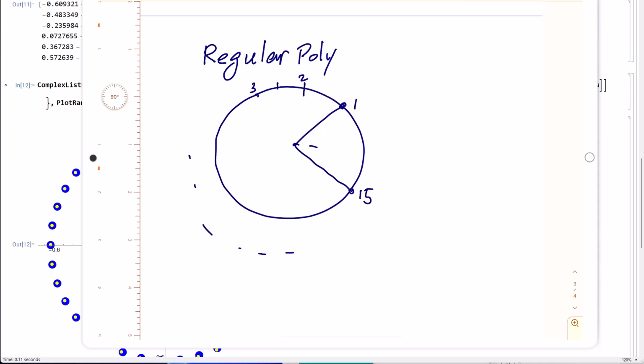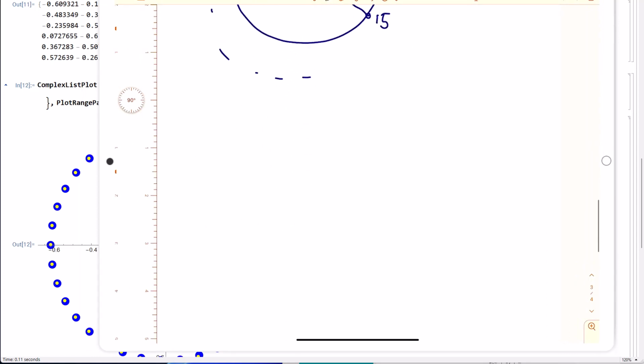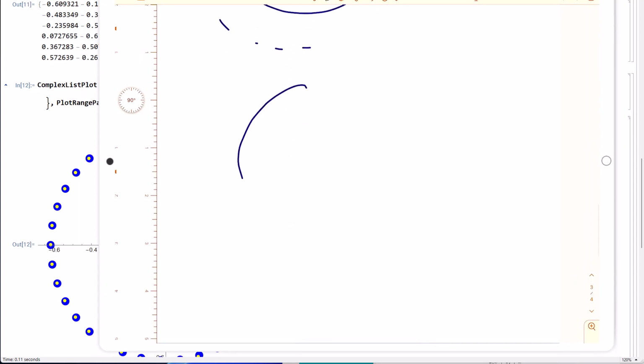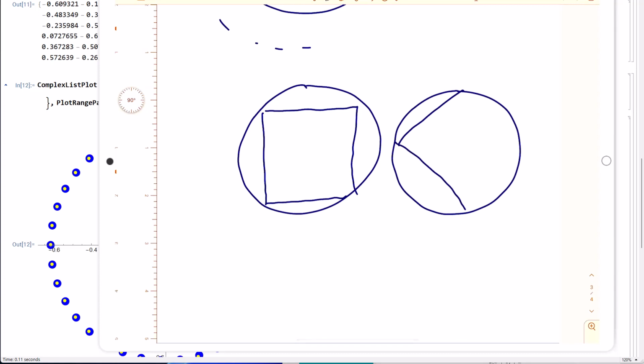Okay. And there is an initialization angle because, for instance, you can have a square like this, or a square sitting in a circle like this. So in this case, the initialization angle is 45 degrees. Okay.